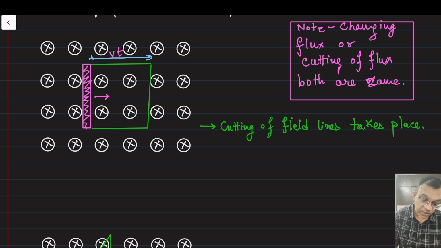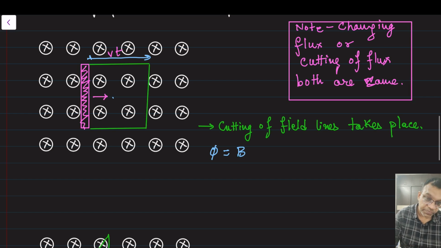As it encloses some area, the flux linked with the circuit is BA. The area is in the plane and the area vector is into the paper, so the angle between the area vector and the magnetic field is 0. So it becomes BA. Now, as the conductor moves, this area is changing.